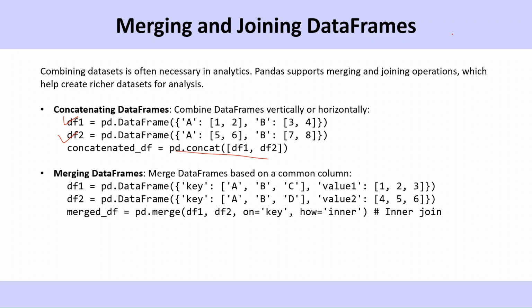So the output of this concatenation will be a b 0 1 3 1 2 4 0 5 7 1 6 8. So this will be the output of this concatenation.